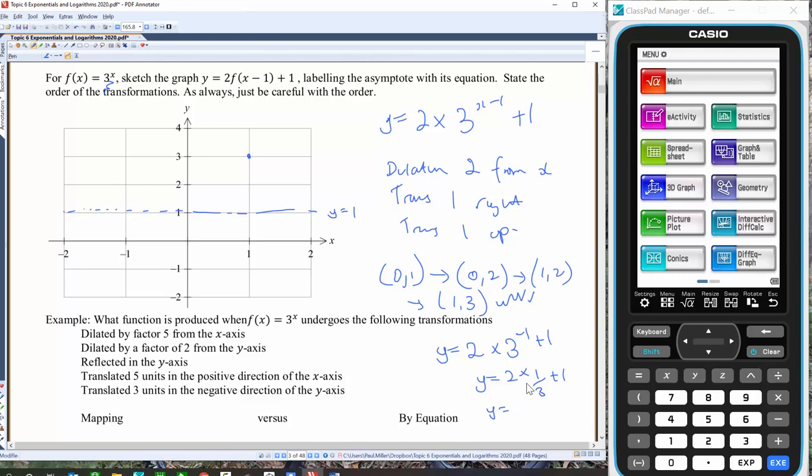Y equals 2/3 plus 3/3 equals 5/3. And sometimes I find that hard to plot, 5/3, so 1 2/3. There's 1, there's 2, that's roughly 1 2/3. So (0, 5/3). And there's no x-intercept, okay? So we're not going to get one. So we can simply rule out or draw our function going through there.